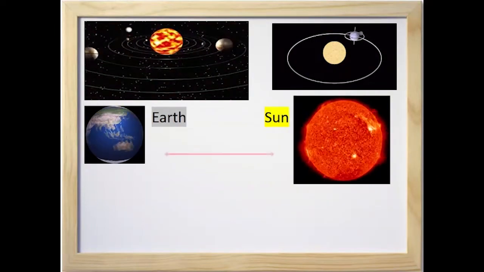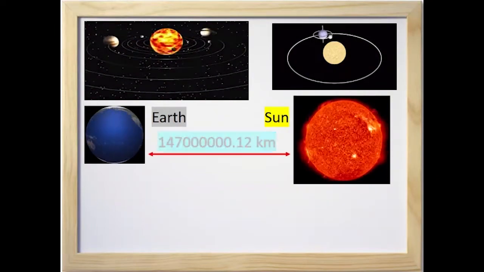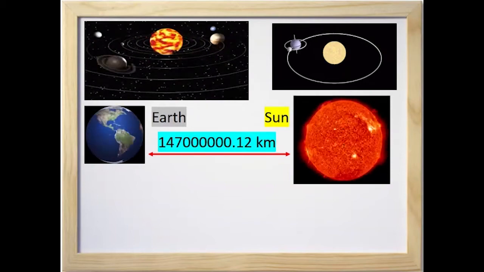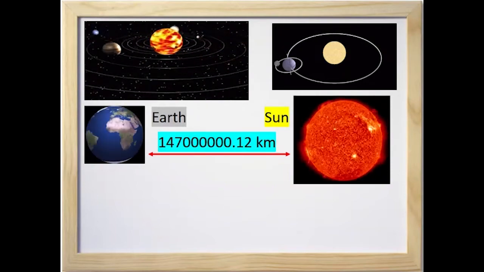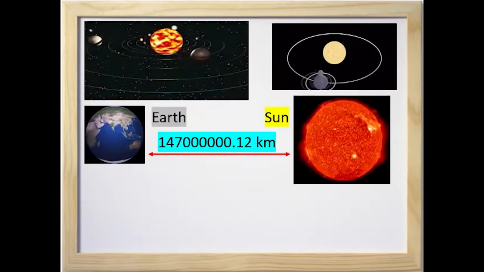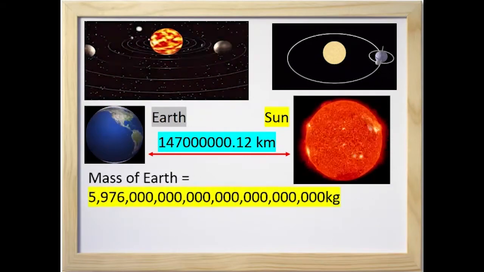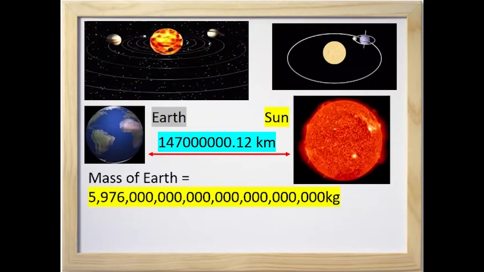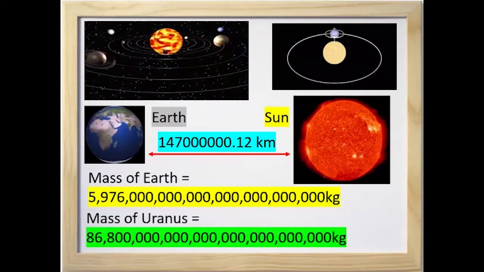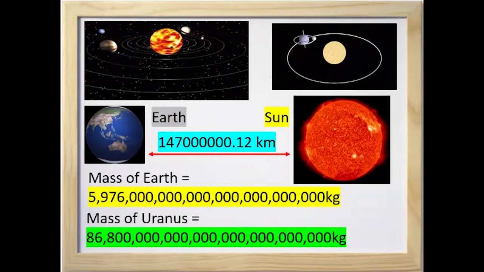Yes, the distance between the earth and sun is given by 147000000.12 kilometers. Mass of the earth is given by this number. Mass of Uranus is given by this number.